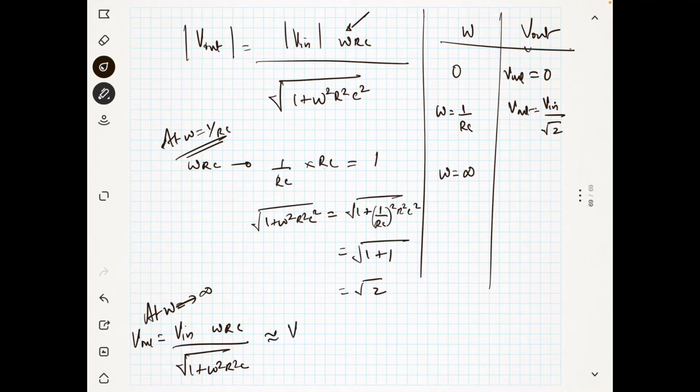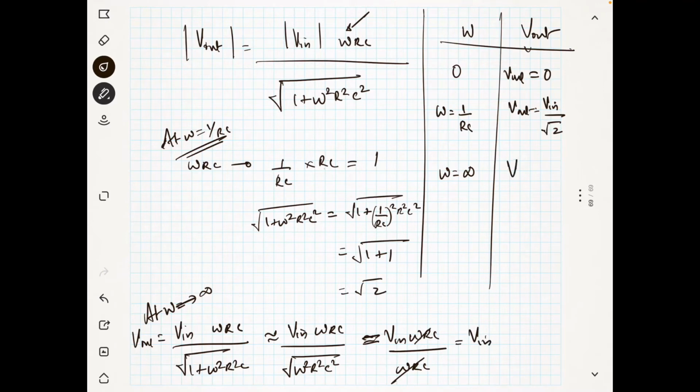When omega tends to infinity, this is approximately equal to V in into omega RC divided by square root of omega square R square C square. This is equal to V in into omega RC divided by omega RC. That means if you take the limit, you will get V in. So V out is equal to V in.